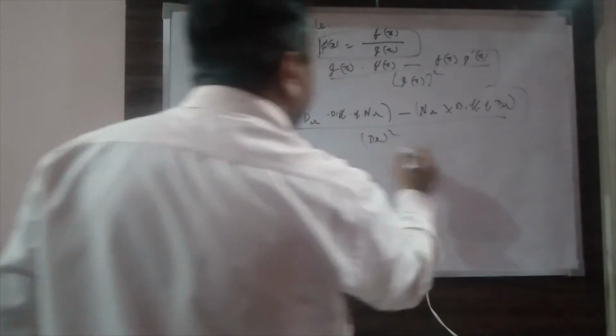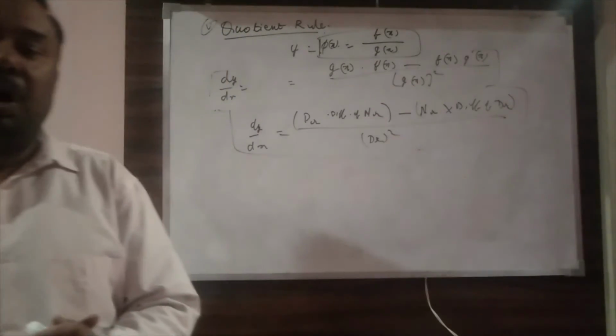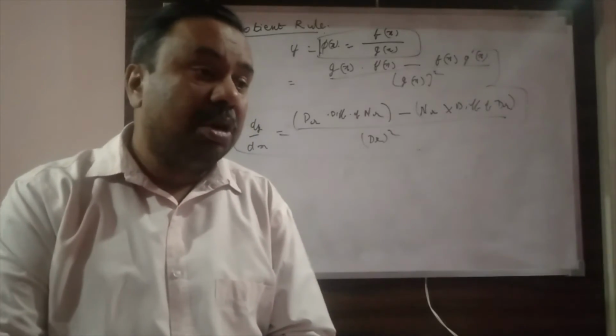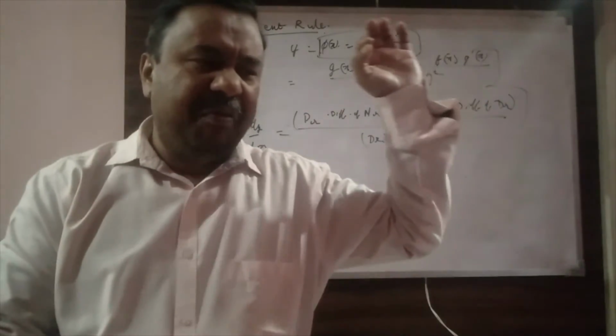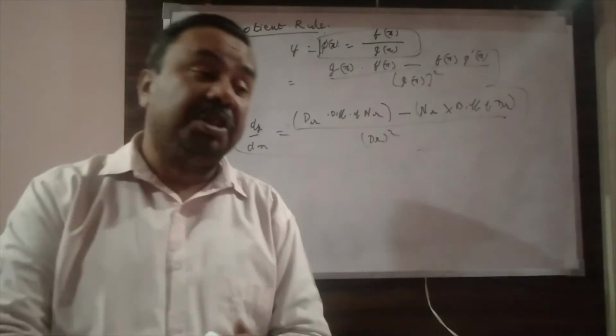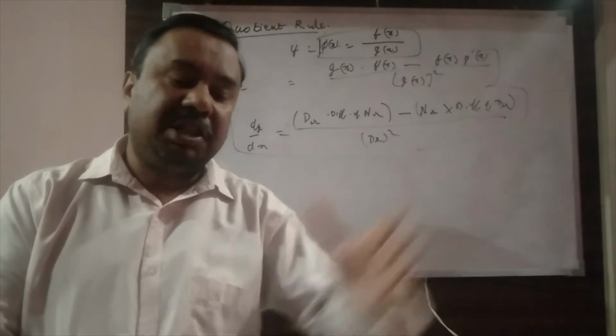This I can say as the quotient rule of differentiation. This is what the quotient rule of differentiation is. I will use the same thing for getting some very specific result. How will you find a differentiation when a function is defined as a reciprocal of a function?